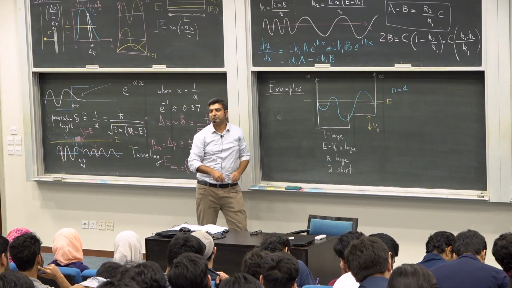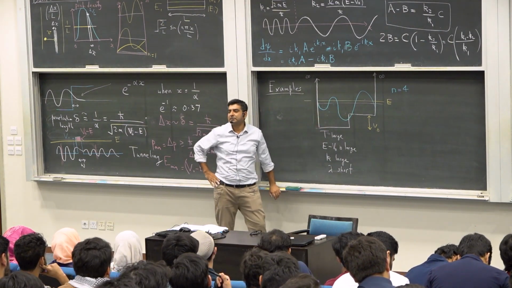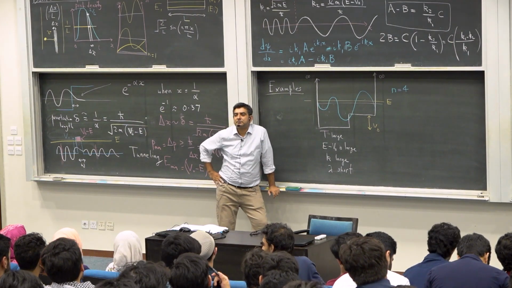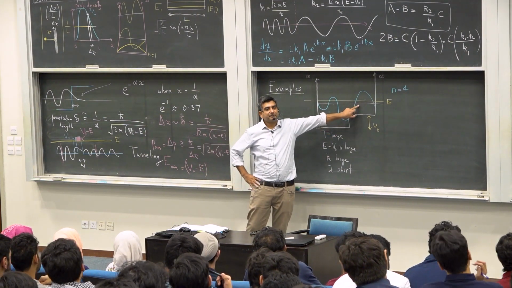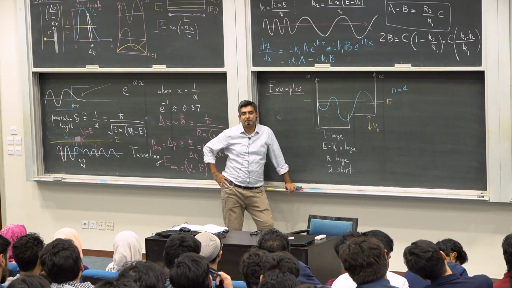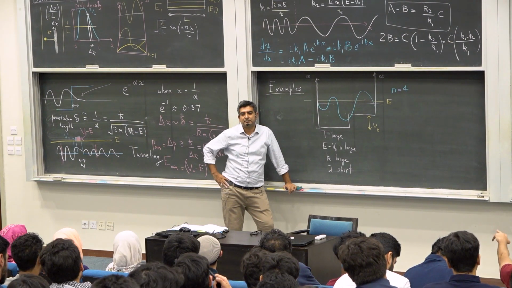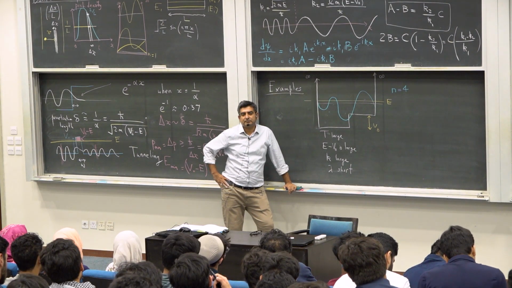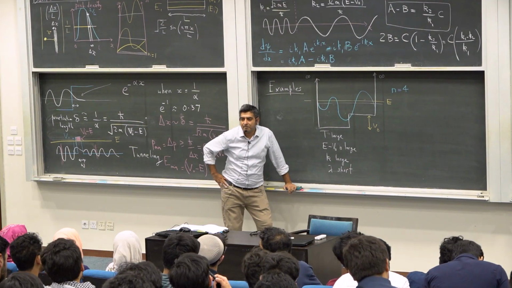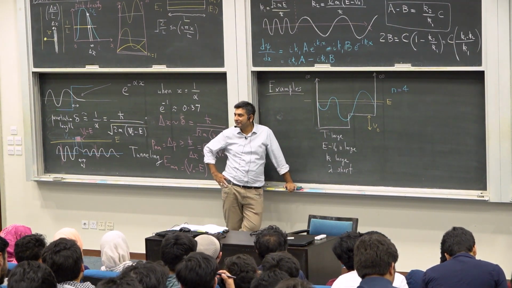But the question I would like to ask you is, why are the amplitudes different? Why do we have a bigger amplitude in this part of the well? Not uncertainty. What is the reason?